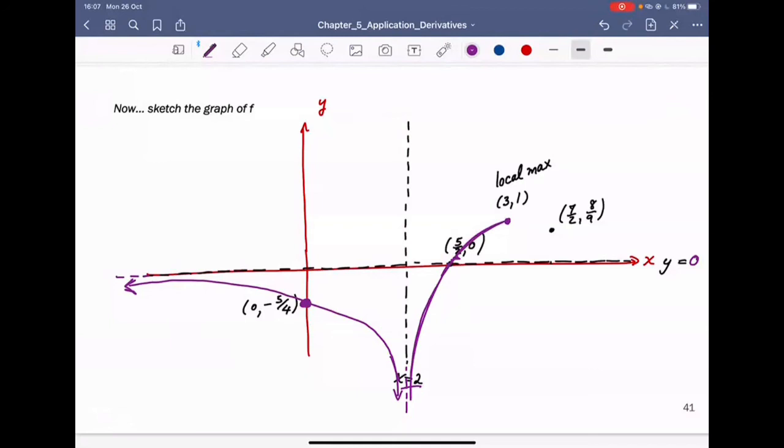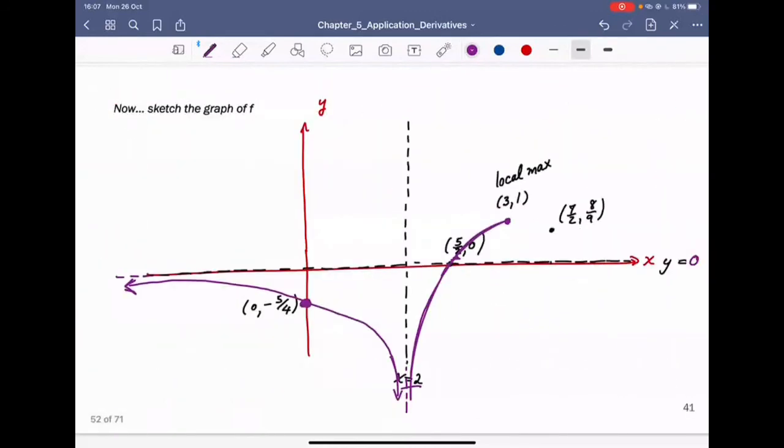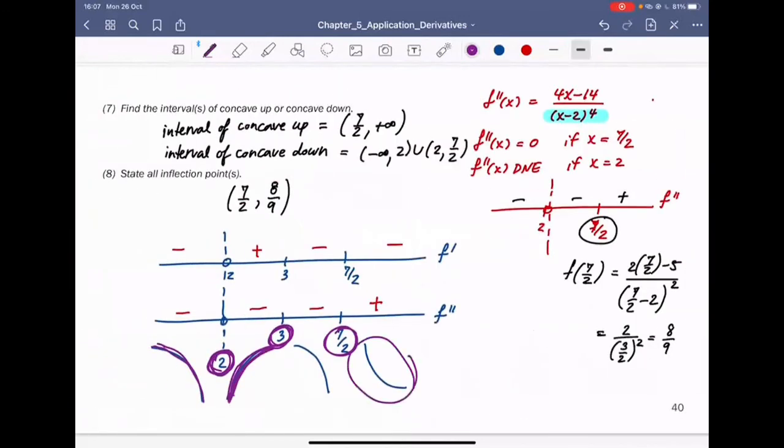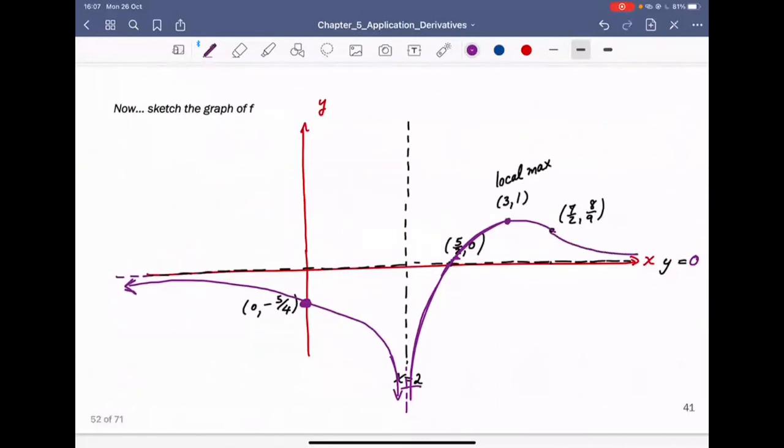And the next, from 3 to 3.5, it must be decreasing and concave down. This is an easy one. I need to make sure that this is like a curve. And the last one is decreasing and concave down. Concave up, sorry. Here we go. And this is the graph f(x) equal to (2x minus 5) over (x minus 2) squared.